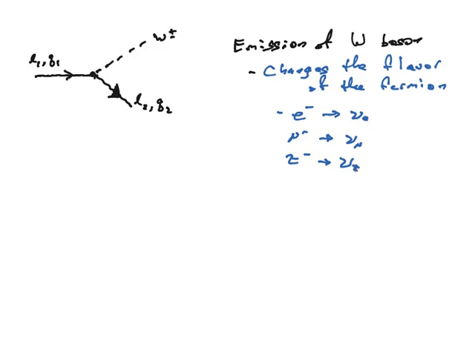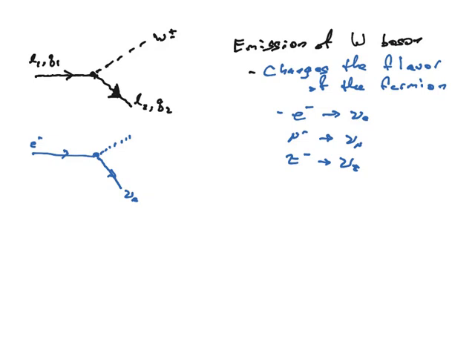Okay. So let's say this is an electron coming in. Here's an example, right? An electron coming in shoots off a W of some sort, and what we get out is an electron neutrino. And now I'm going to go ahead and give the answer. What kind of W is this? But we'll see the rule later.